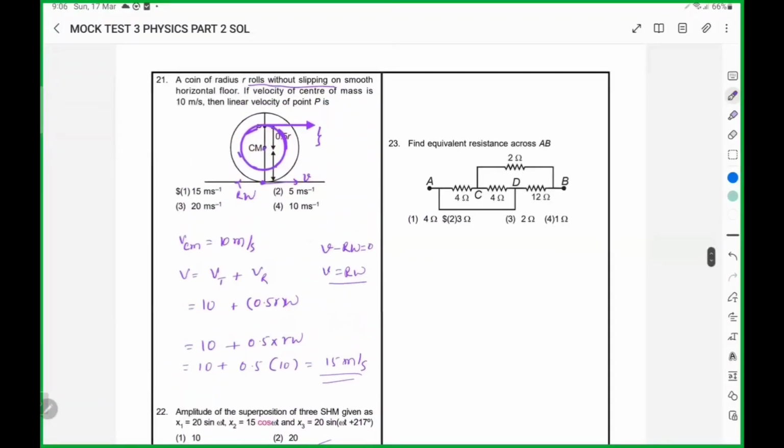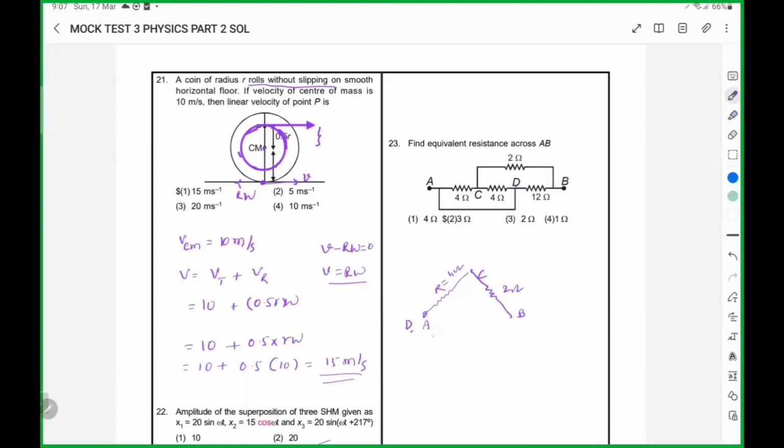Here, to find the effective resistance across AB, let us consider the points A and D are at the same potential. So between A and C, we have one resistor R, which is 4 ohms. Between C and B, we have another resistance 2 ohms.